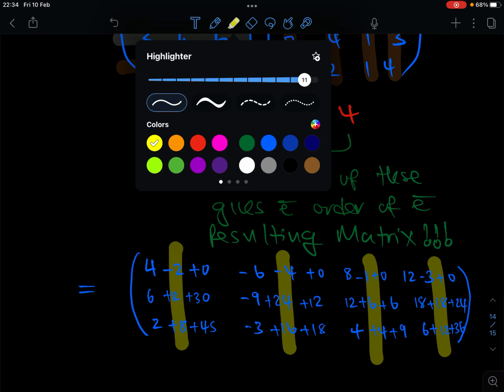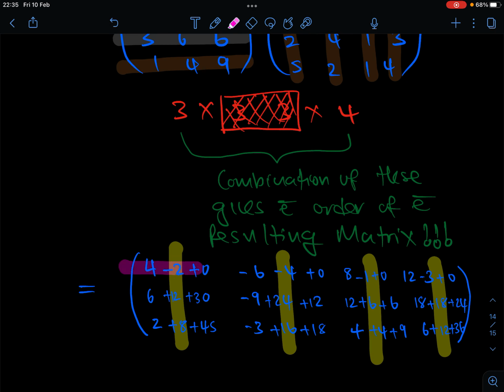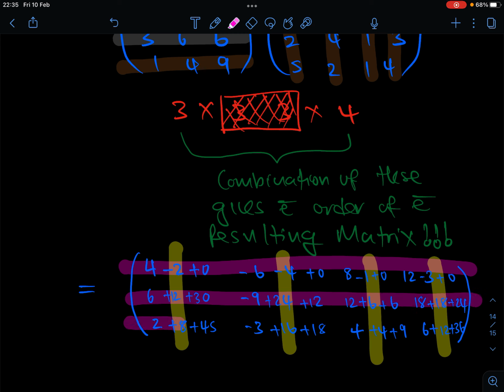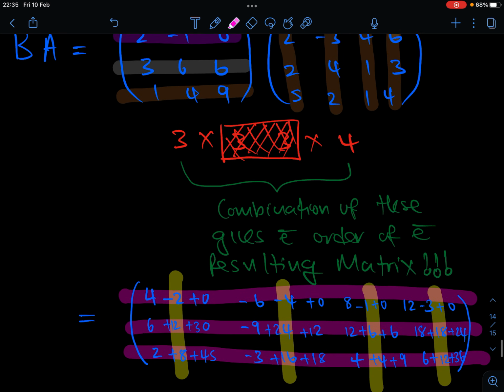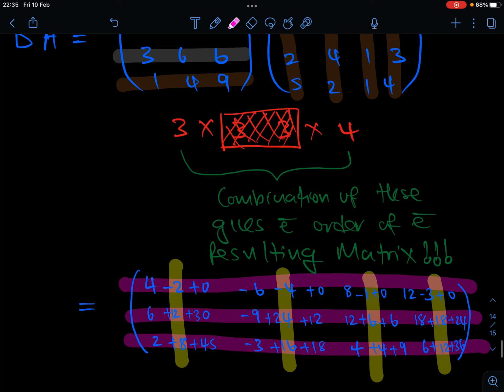And if we highlight the rows, you will see that we have 1, 2, 3, which is exactly what we would want to get when performing this multiplication. You see. So this is how the multiplication of matrices works.